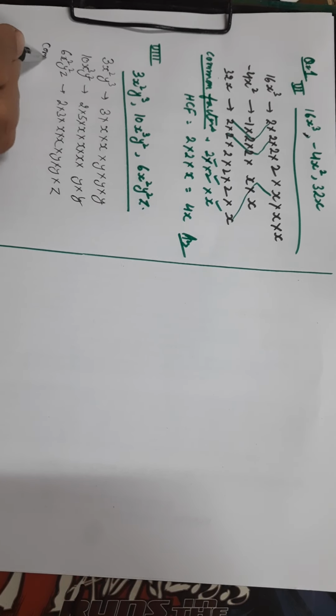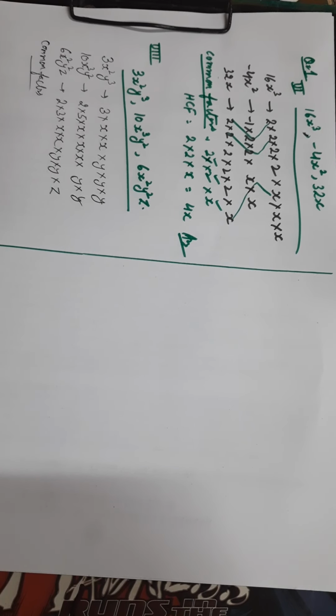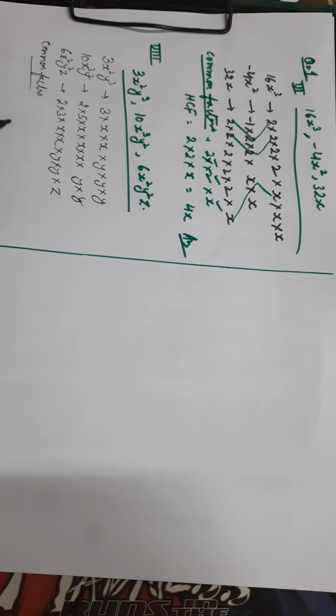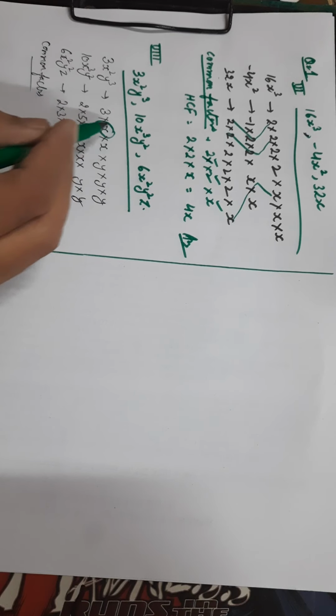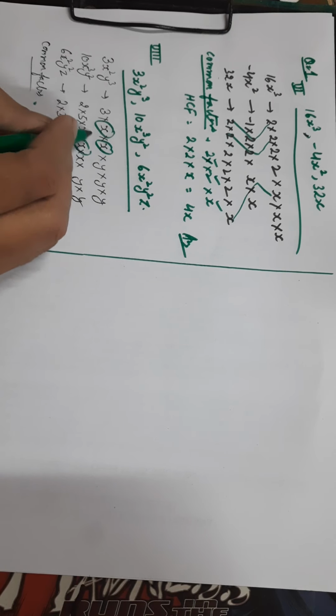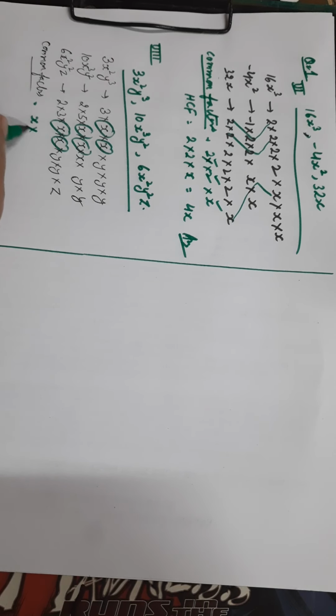So common factors. Find out the common factors. Now you can find it very easily. Just see 3 is not common there, 2 is not common there, 5 is not common in the 3. So only common value is x. First of all x, then second also x, into x.